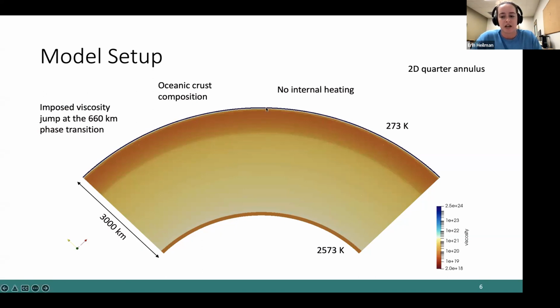We haven't implemented any continental crust in it. And we have an imposed viscosity jump at the 660 phase transition, which is this difference here. So we're showing viscosity, so you end up having a lower viscosity in your lower mantle versus your asthenosphere, which we think is pretty true to how the Earth is as well.